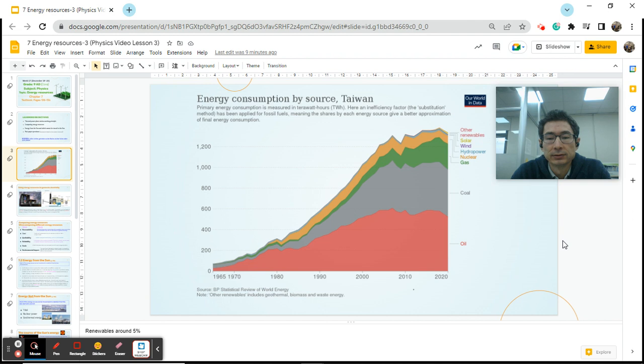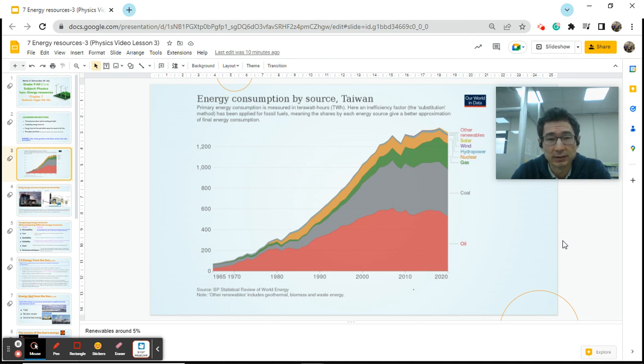In Taiwan, as you can see, oil and coal are mostly used, similar to the whole world. 85% of the electricity is produced from fossil fuels. Next comes nuclear, in fourth place. Wind, solar, and renewables are maybe about 5%, less than 10% right now.